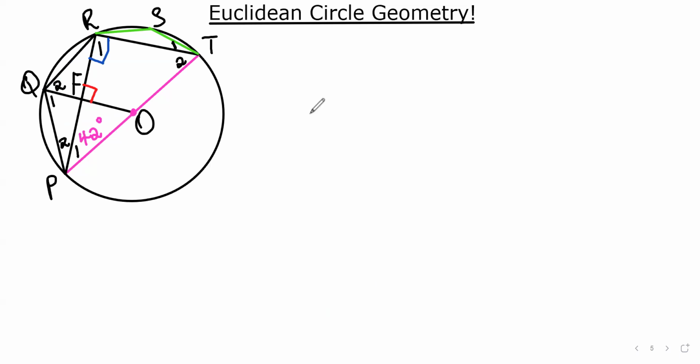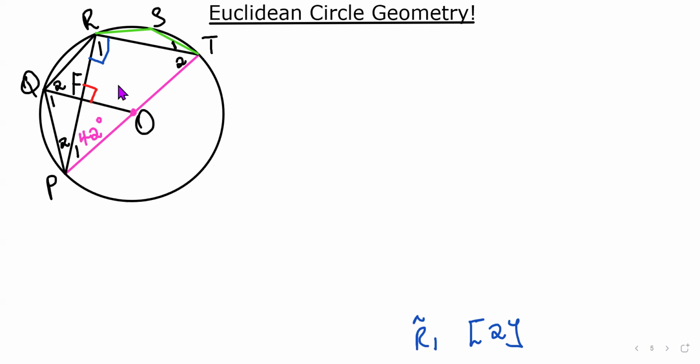Nevertheless, let's go ahead. This is what the first question is asking from us. They say, please determine the size of angle R1. And this is just for 2 marks, which means you don't really have to work a lot.